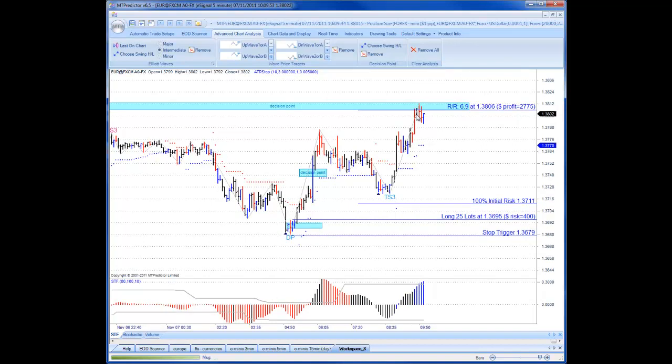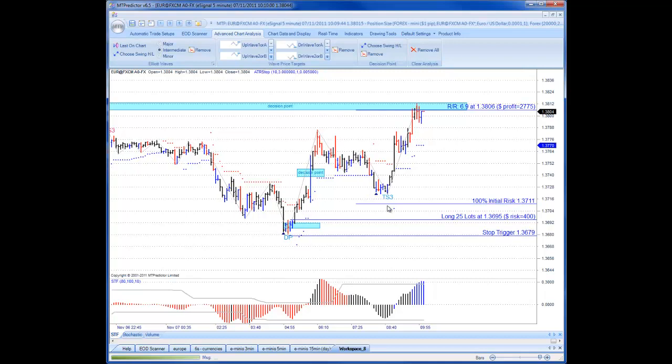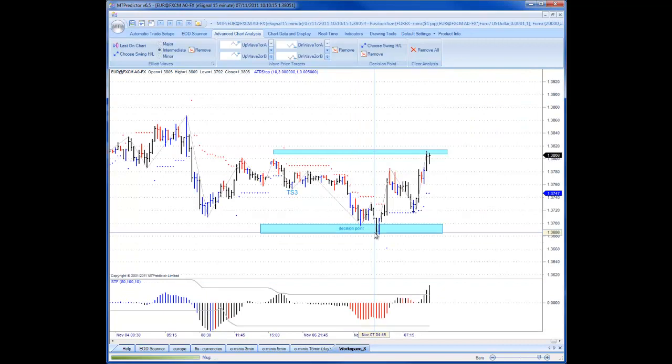But the whole point of this video is to show you not only our standard trade setups occurring on a Euro US dollar Forex chart here, but also how the advanced traders among you can choose to disregard the STF when you have larger degree support and resistance coming in like this on your 15-minute charts.